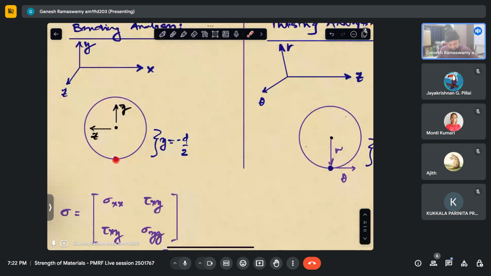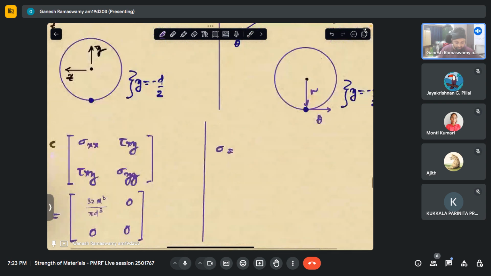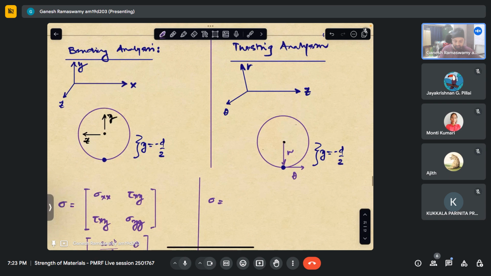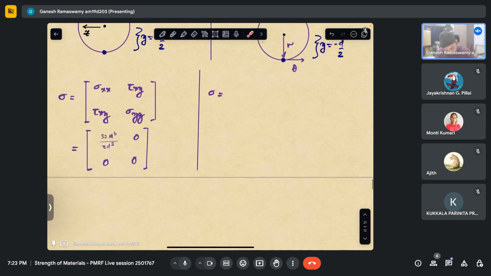Similarly, if I were to populate the stress tensor due to just the twisting action, I saw that tau z theta is this quantity, and this is a case of twisting of a shaft, which happens to be a case of pure shear. So there will be no normal stresses. So let me just populate the stress tensor here in the z theta plane.